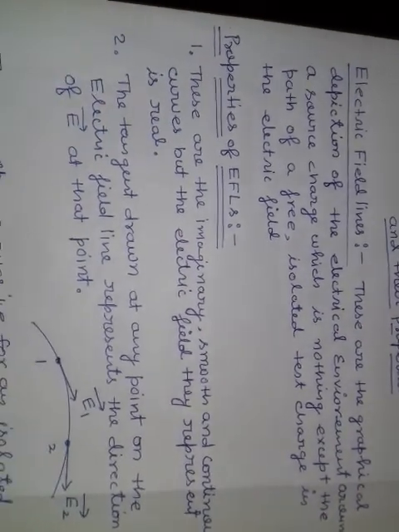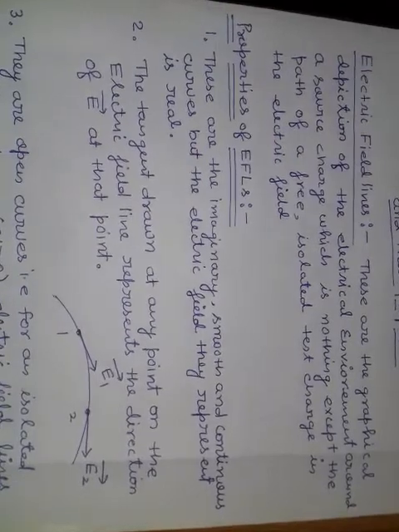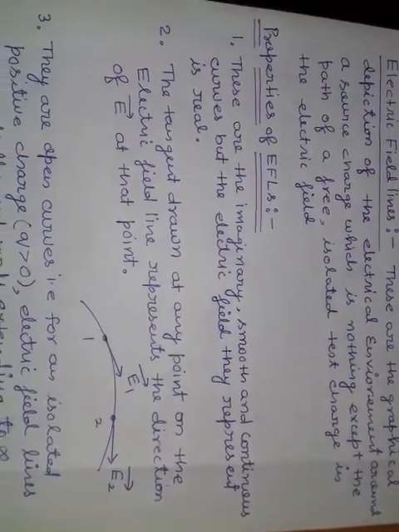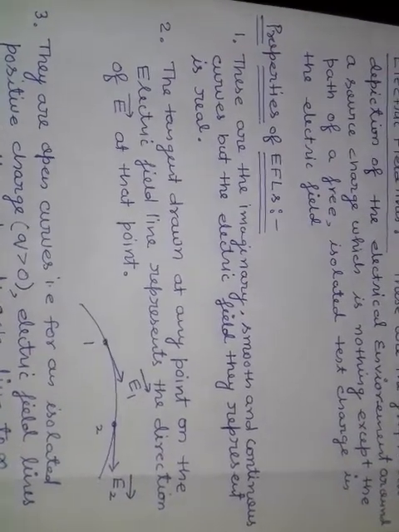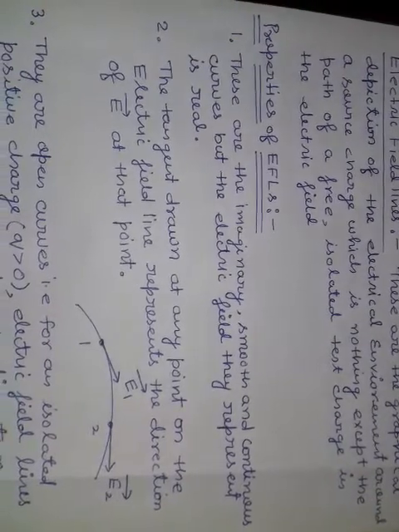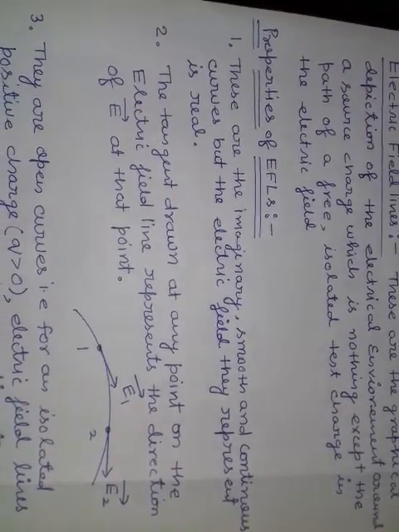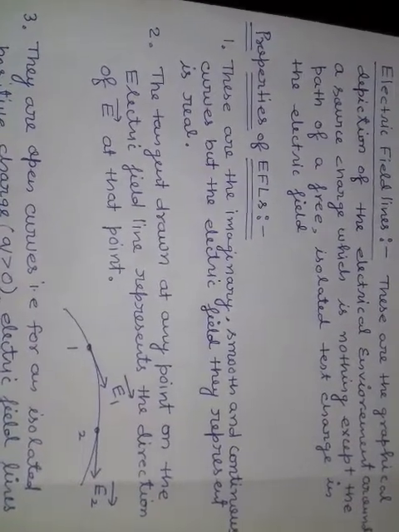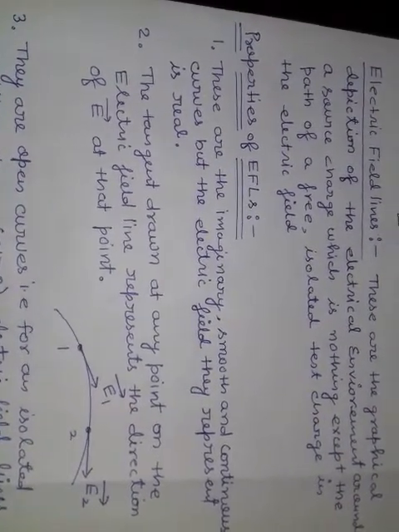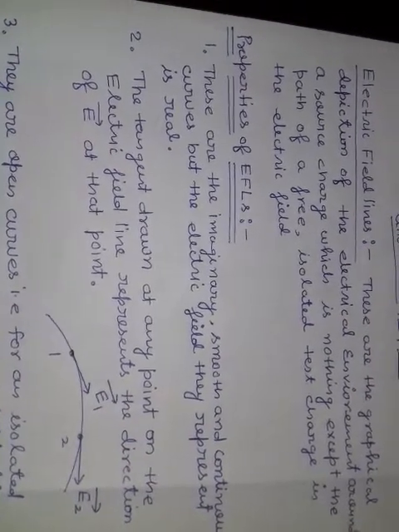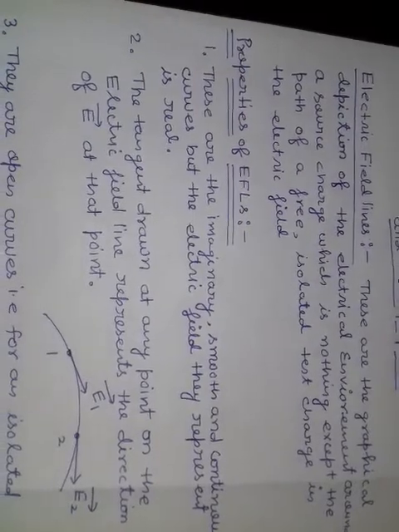Now some properties of electric field lines. First property: these are imaginary smooth and continuous curves, but the electric field they represent is real. You cannot see the electric field lines, but the effect they create is real.